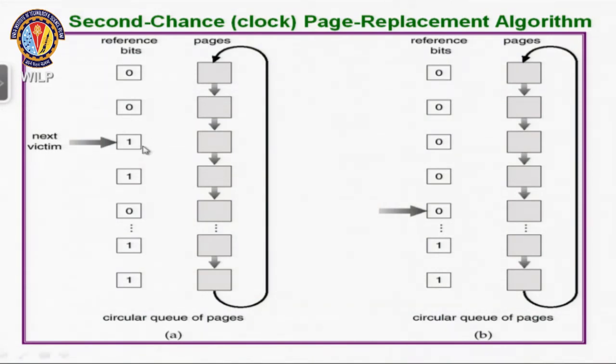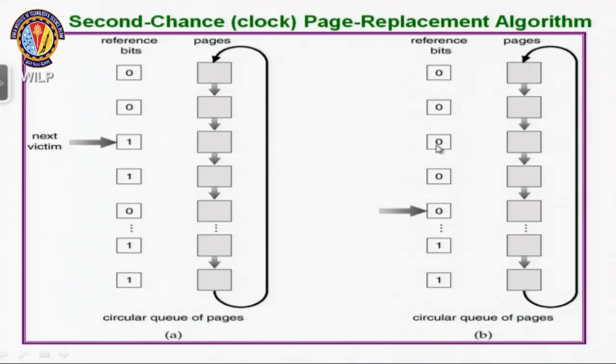The idea is that this frame which has been referenced, we avoid replacing, because of the logic that this page has been referenced and is likely to be referenced in the near future. So we make this bit 0 and advance the pointer to the next one.